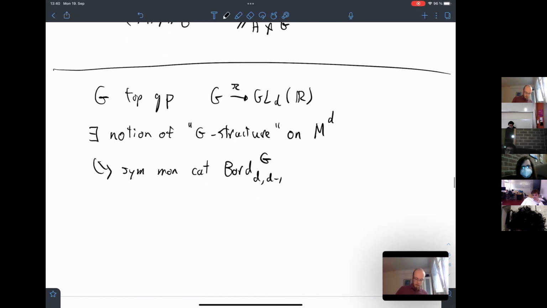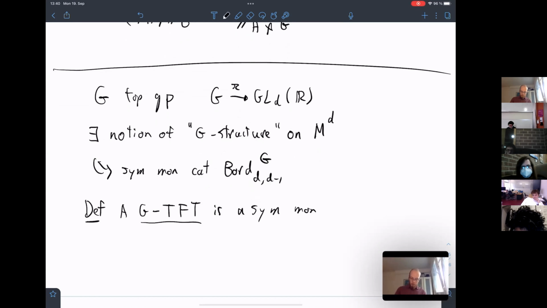And I forgot to tell you what the symmetric monoidal structure on this is. It's given by disjoint union of manifolds.